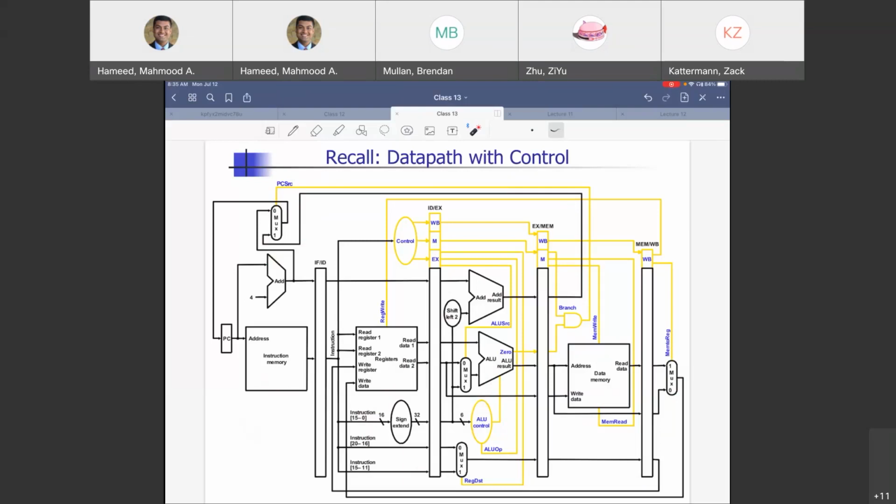Where is the branch being evaluated? Essentially, when do you know for sure which instruction to work on next?